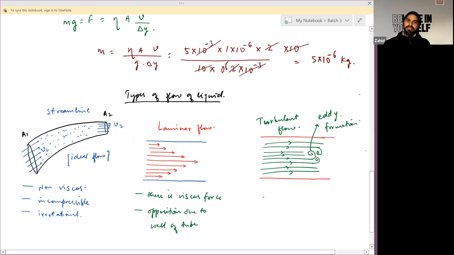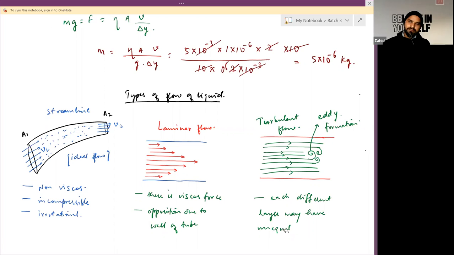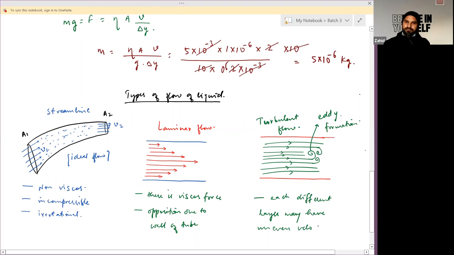In turbulent flow, each layer will have different or uneven velocity, due to which it may get spiraled at any vacant part to form eddies. So this type of flow is called turbulent.